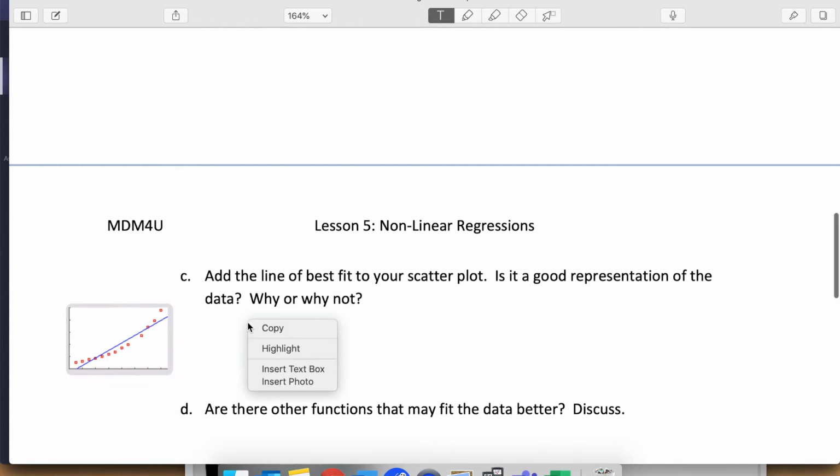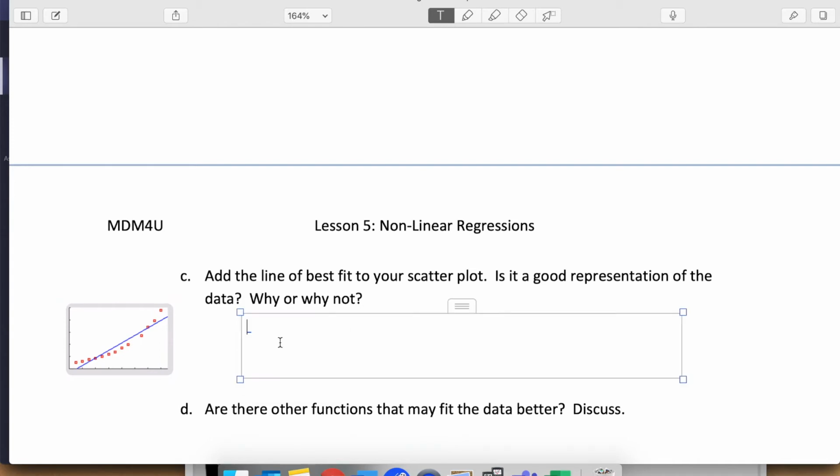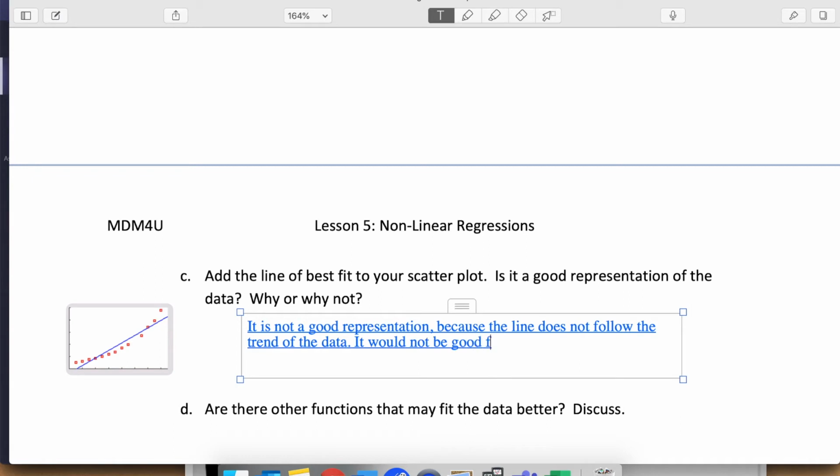And so we can say it is not a good representation because the line does not follow the trend of the data, and so it would not be good for extrapolating data.